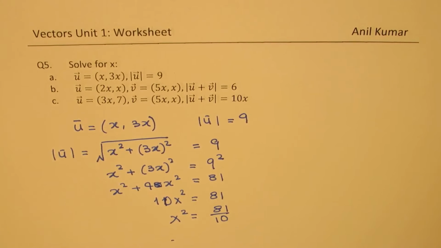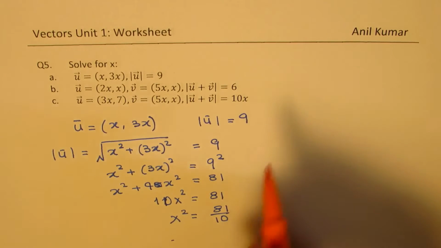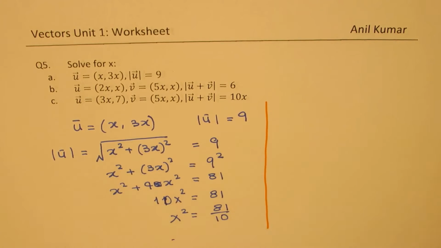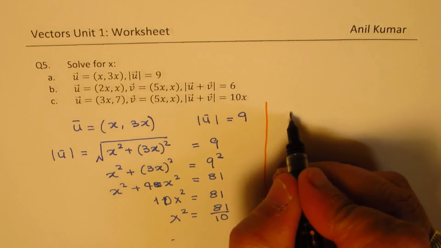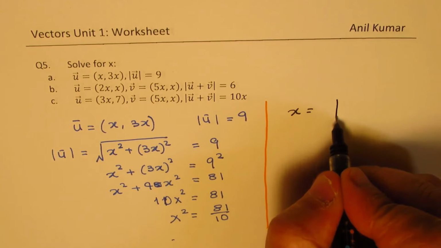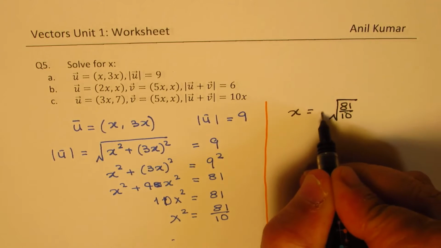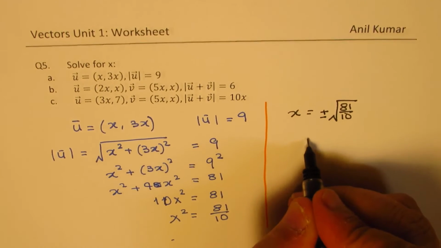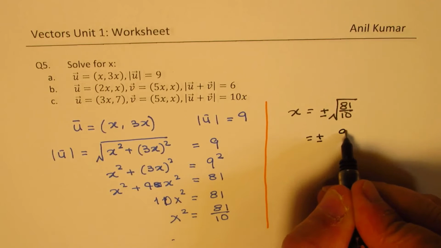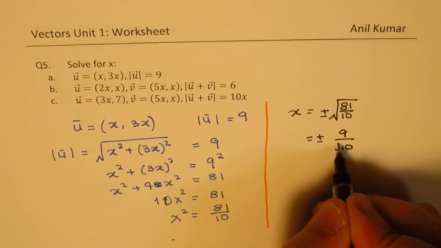Now it is good practice to always write the answers with rationalized terms. So here we can now solve for x. x is equal to the square root of 81 over 10 with plus and minus sign. So this could be written as plus or minus 9 over square root of 10.